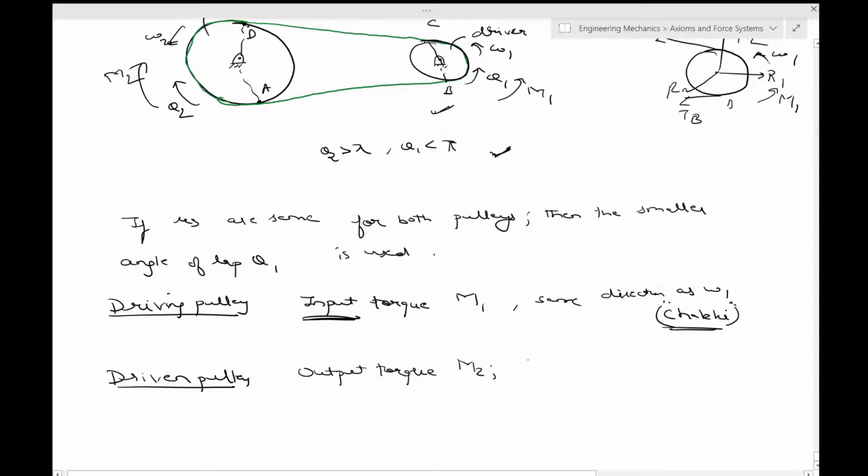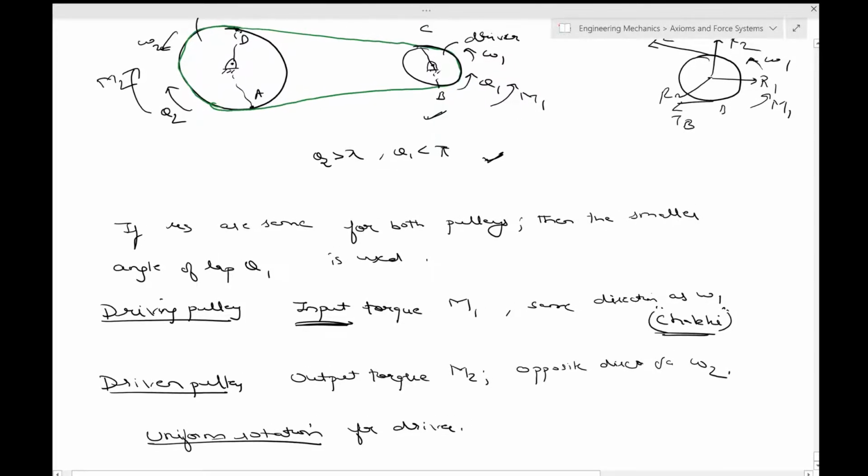M2 is in the opposite direction of omega 2. Now if you have a uniform rotation, meaning for the driver, omega 1 is not changing. I hope you can see the diagram.